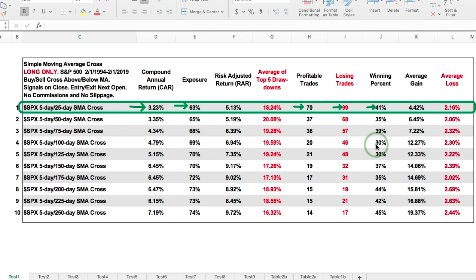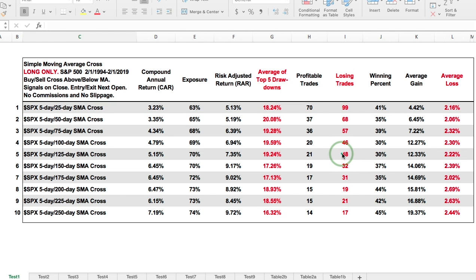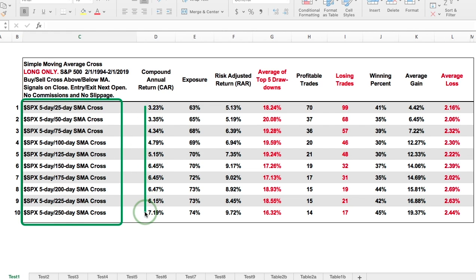And then I decided to do the 5-day SMA with some longer moving averages to see how that worked. And so you can see I'm going here from 25 days to 50, 75, all the way to 250. And what you notice here is that as the moving average gets longer, the slower moving average, the compound annual return goes up.